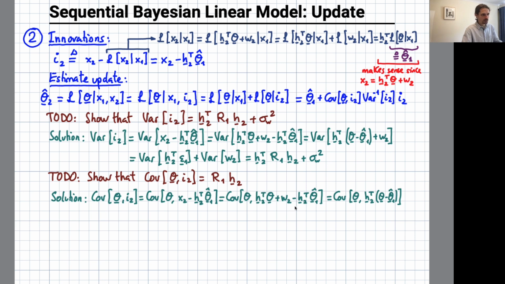Now we just take H2 transpose as common factor and note that theta and W2 are uncorrelated. So this is what we obtain.